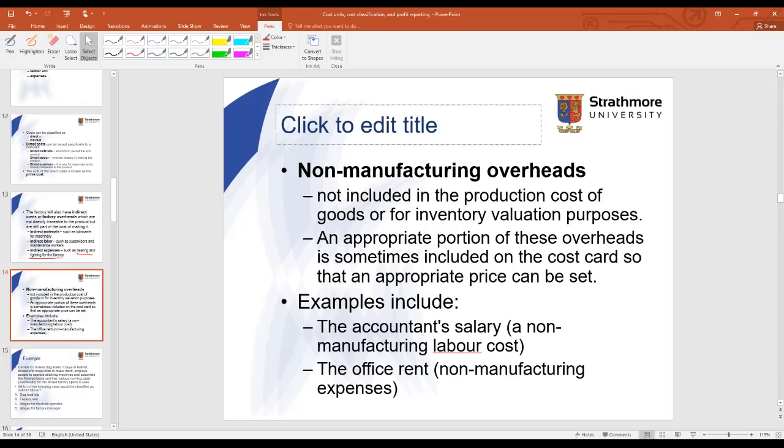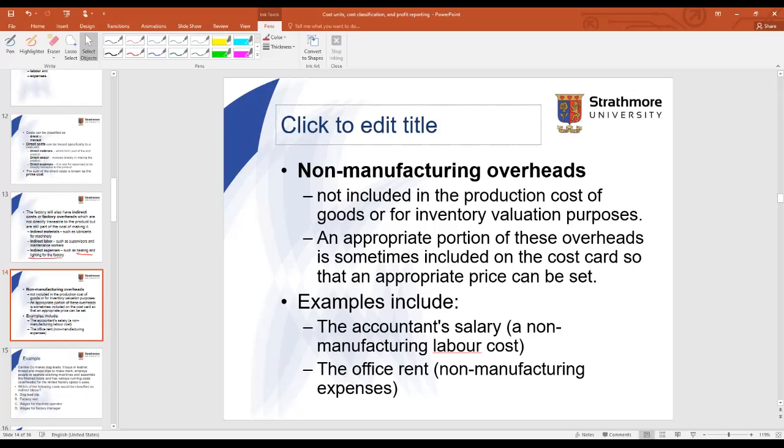As I mentioned, we use 2 methods. The marginal costing method does not include the manufacturing overhead at all as part of the product cost. However, we can also have the absorption costing method, where the non-manufacturing overheads are absorbed when determining the cost of the products.